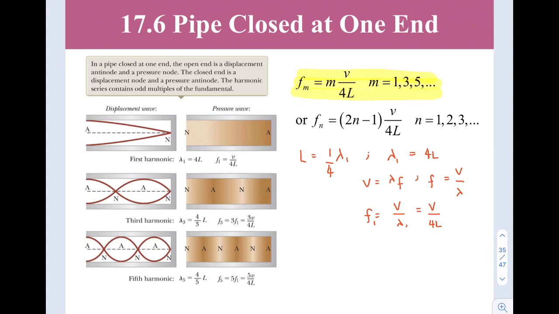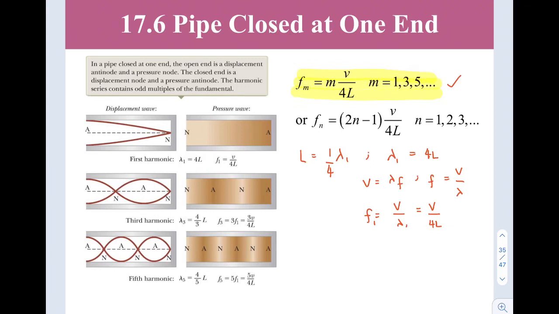And if we want to make it in terms of integer orders, you may also use this method, Fn equivalent to (2n minus 1)v over 4L, where n is an integer. But madam suggests for you to use only this one. It is enough, provided that you memorize and remember that m must be an odd order.